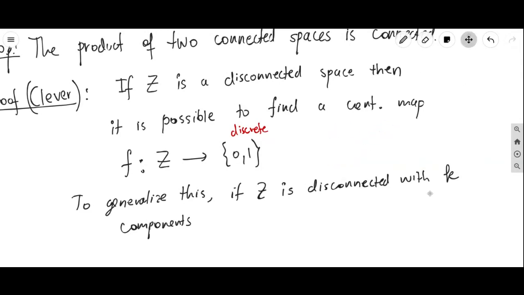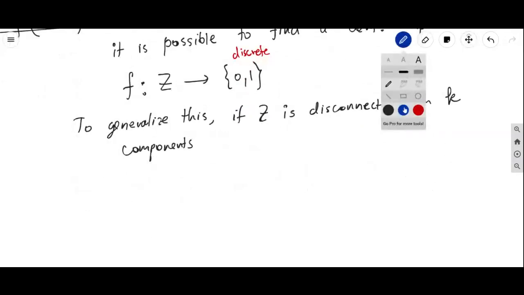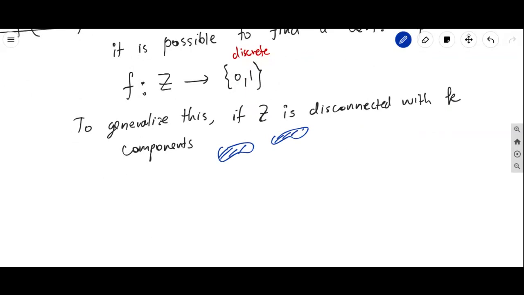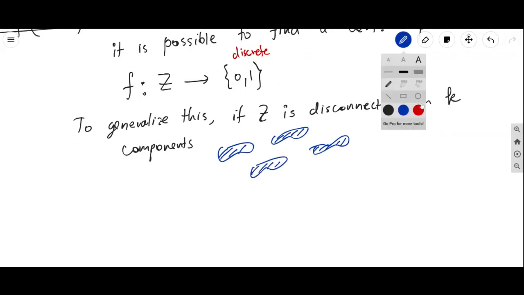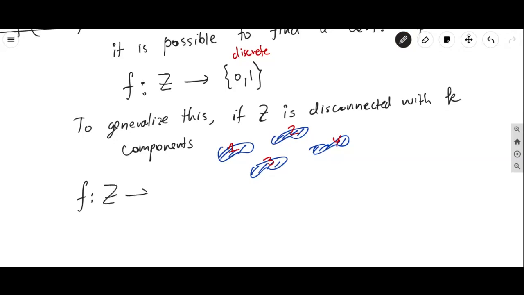So if your set Z has a finite number of components, actually it can have an infinite number of components, but I do not want to go there. So let's say it has 4 components, then you can map them to 1, 2, 3, 4, or whatever labels you want to choose. And then you can have a function that maps Z into, let's say, {1, 2, 3, ..., K}, where you just assign it the value of which component you're located on.